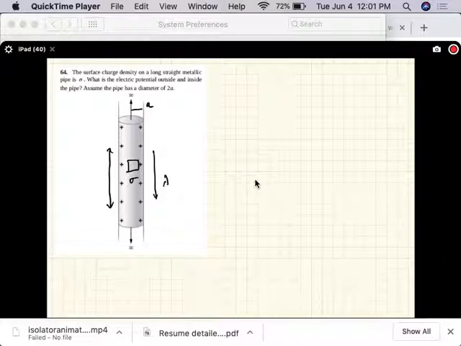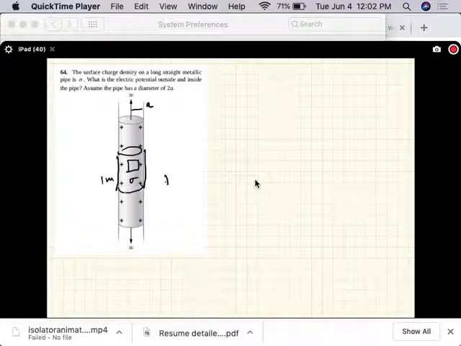So the linear charge density is... So imagine a cylinder on it of unit length, and the question is how much charge there is there. So lambda would be sigma times the area of that unit cylinder.